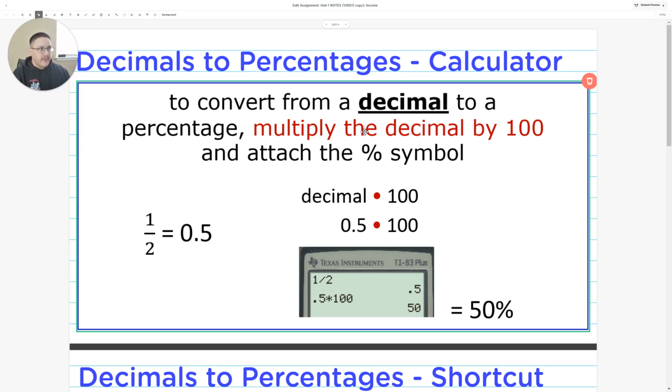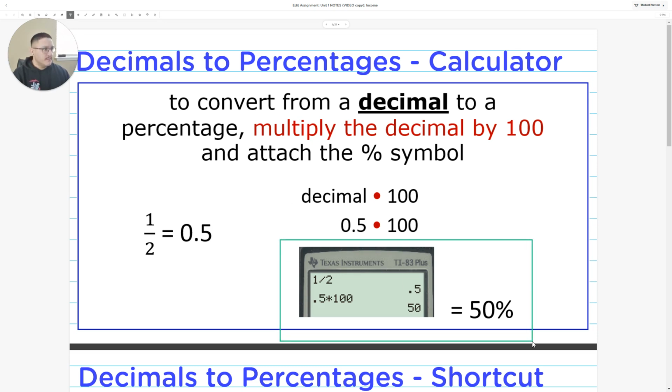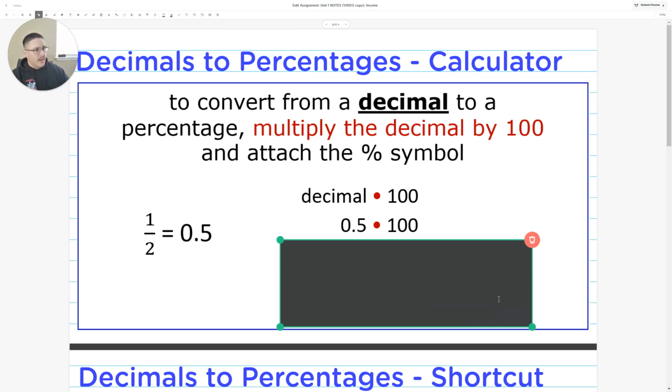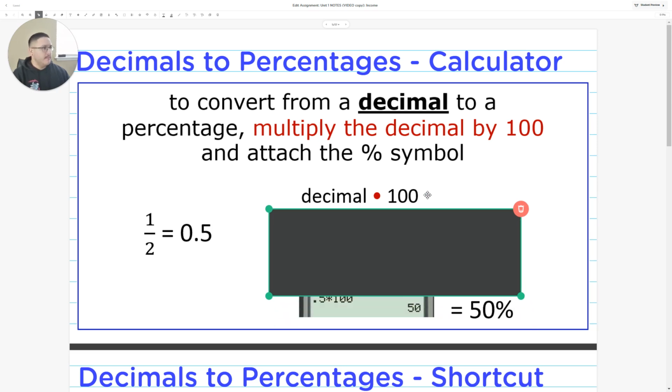Decimals to percentages. To convert from a decimal to a percent, we're going to multiply the decimal by 100 and attach the percent symbol. There's also a shortcut that we can do, which we'll talk about in a little bit.